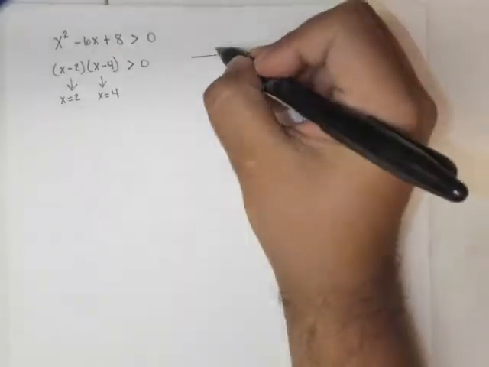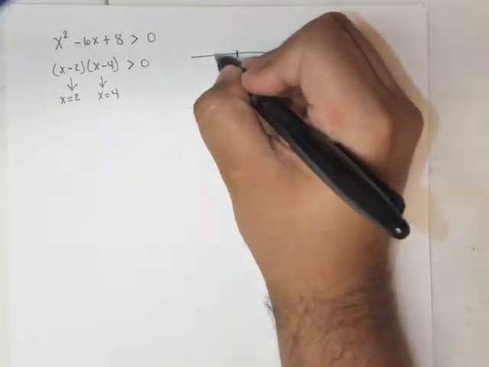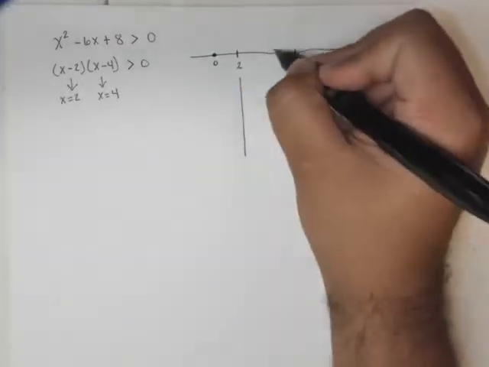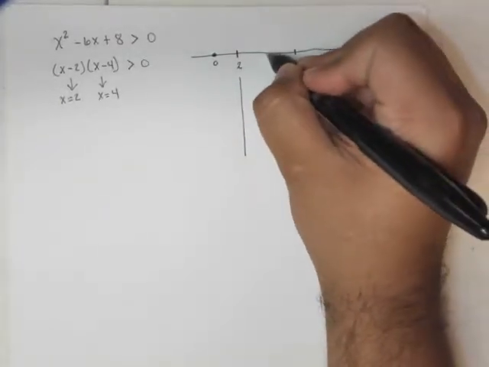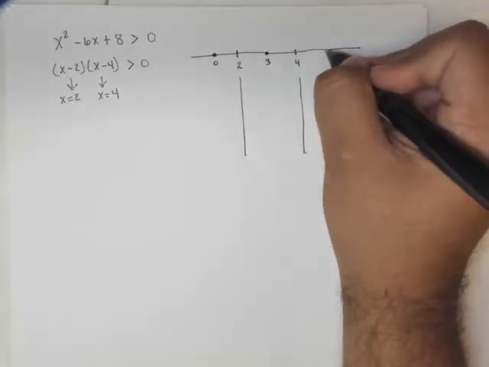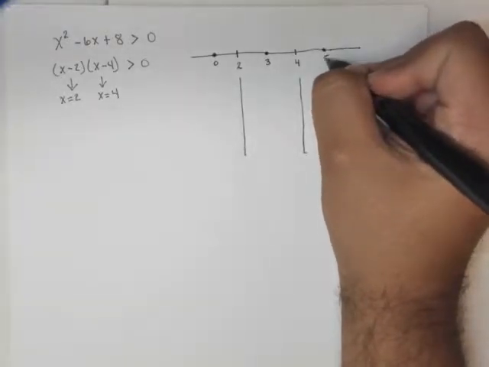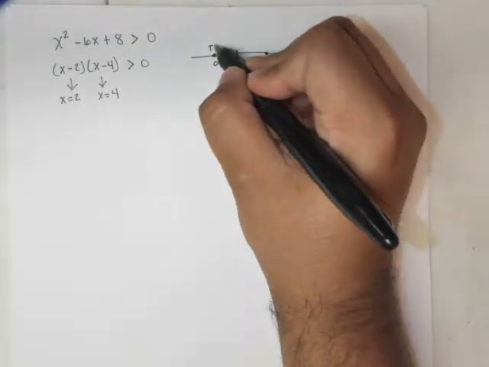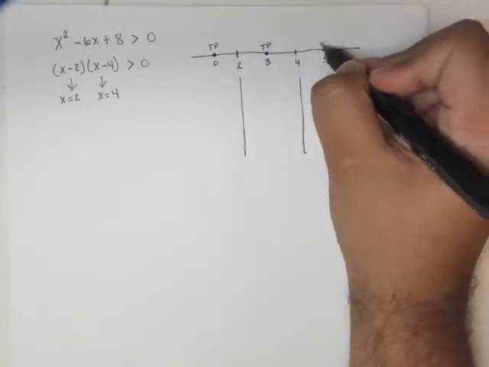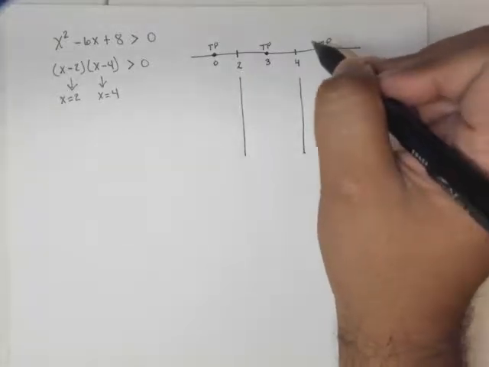Now something before 2, a good number is 0. Something in between 2 and 4, let's say 3. And something after 4, let's call this one 5. And I put TP, not toilet paper, but test point.